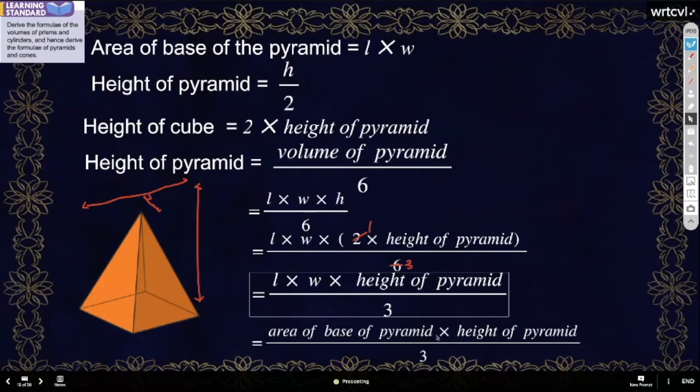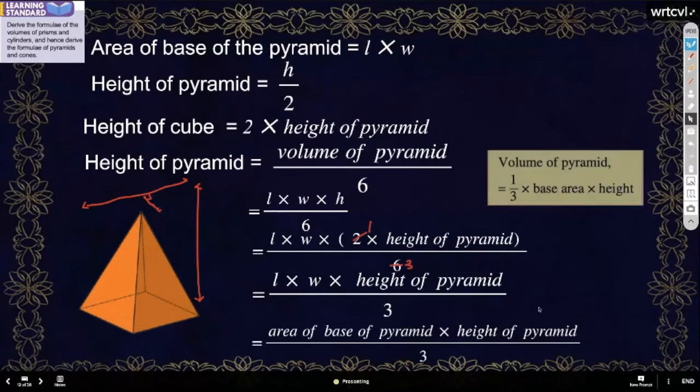And if you want to memorize, remember those with an apex, the pointy ones, must be over 3. Must be 1/3. Okay? So the volume of a pyramid is 1 over 3 times the base times the height. The base, then the height. Later you will see the example, then you will easily know how to determine the volume of a pyramid.